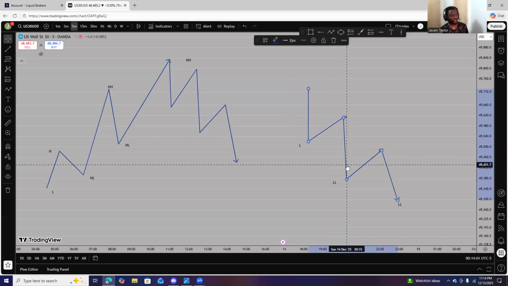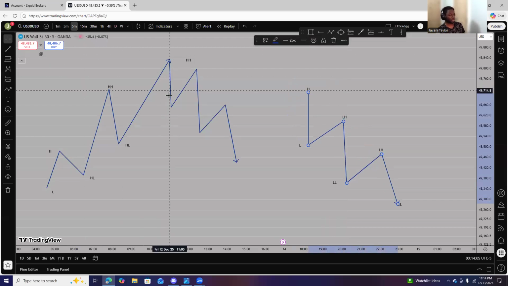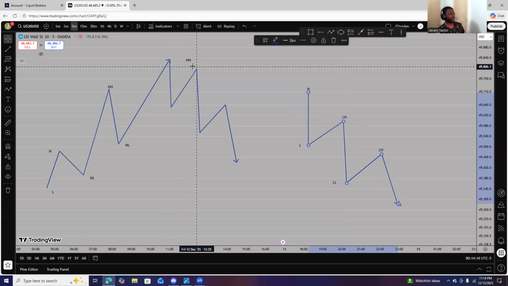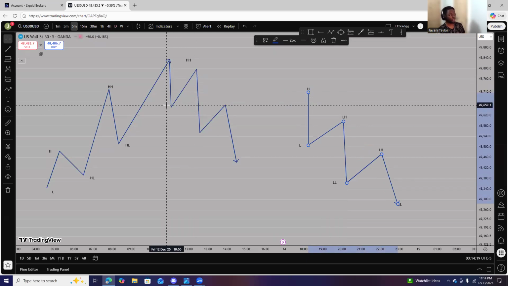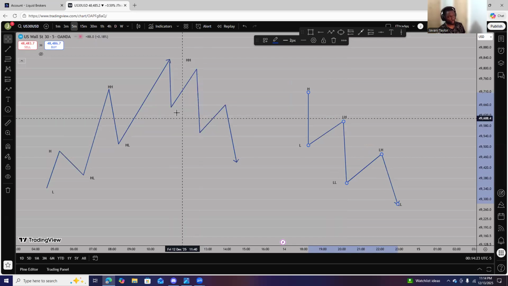Instead of creating new higher highs, we start creating a lower high, because this high over here will be lower than this one right here. And then we come down to create a lower low, because this low right here, we now break it, creating a lower low than this one right here.